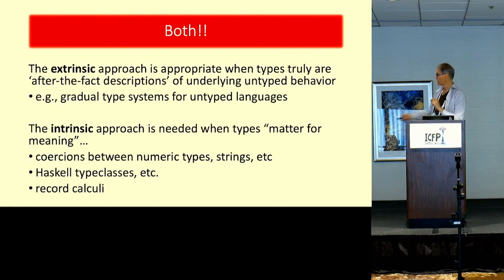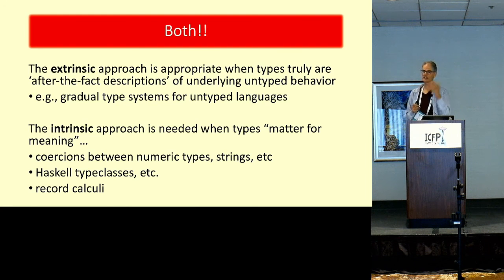But in particular, when would you want the intrinsic view? You would want the intrinsic view when the way in which a program is typed affects its behavior. And probably the easiest example of that in this room is Haskell. Because Haskell type checking involves inference of type classes.